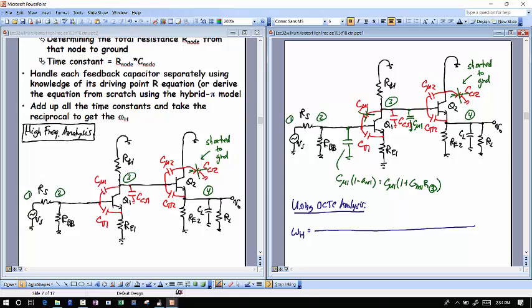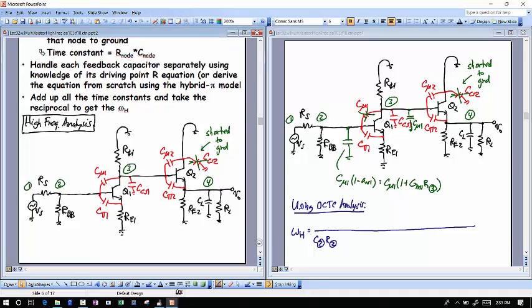I don't care about node 1. But node 2, I've got capacitance to ground, I've got resistance to ground. So I want to take all of my capacitance to ground here, which I'll call C2 circle, and all of my resistance to ground from node 2.